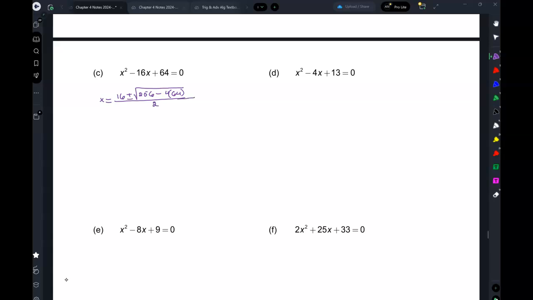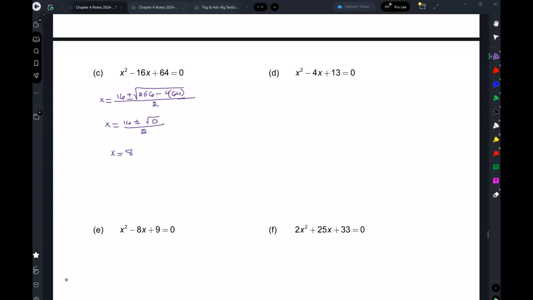So this becomes x equals 16 plus or minus the square root of 0 all over 2. So this is just 16 over 2, 8. Okay?